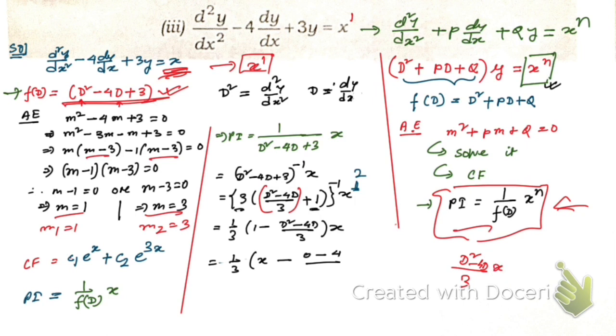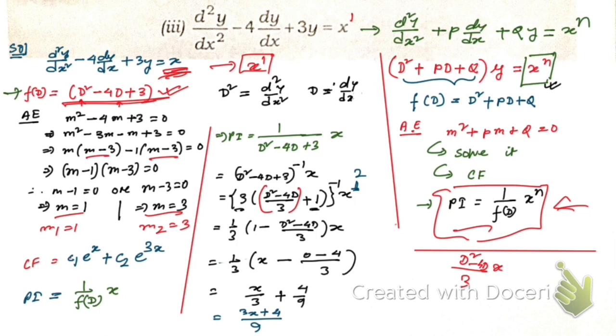So ultimately our result will be 0 minus 4 by 3. That implies x by 3 minus 4 by 9, right? If you take 9 LCM, then you will get 3x plus 4 by 9, right?